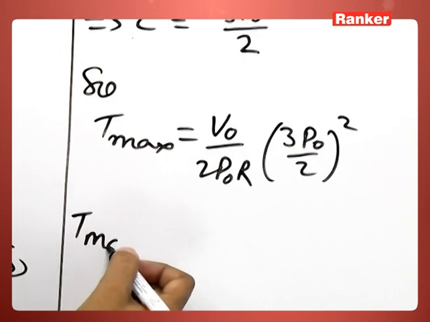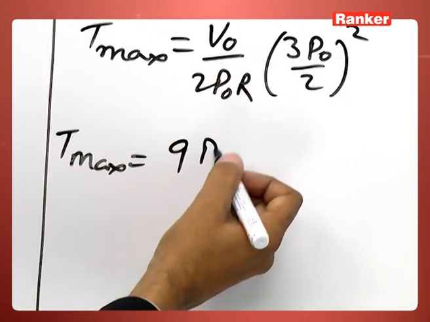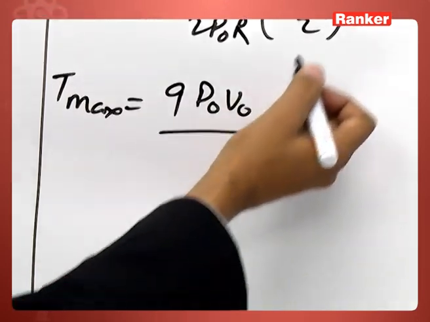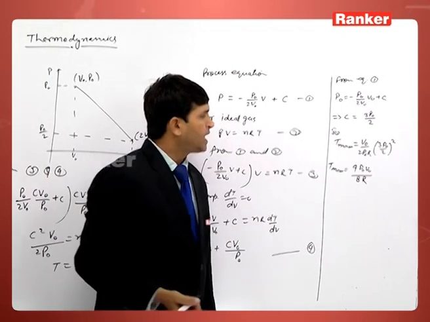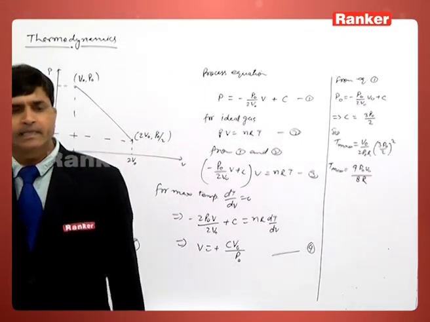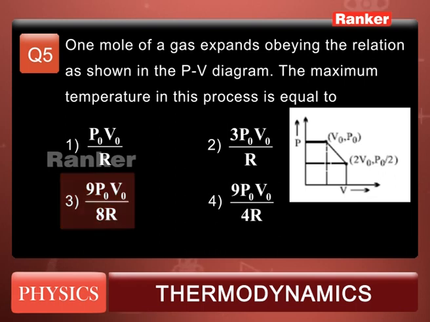So T maximum is 9P naught V naught by 8R. This is the correct option. So option number 3 is the correct one.